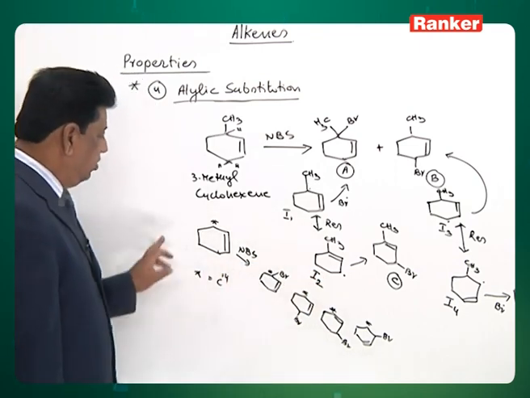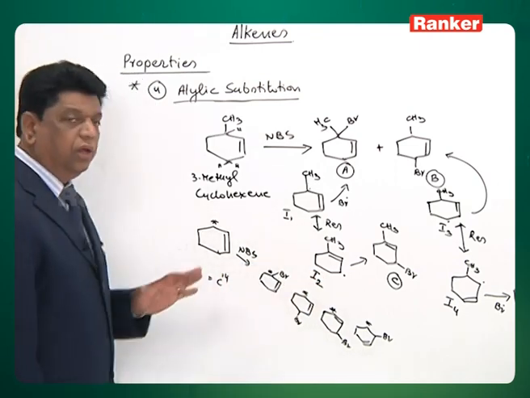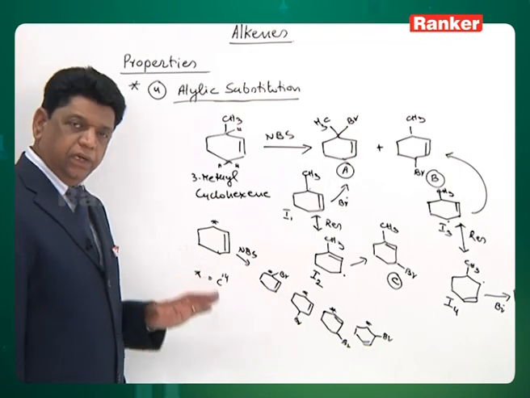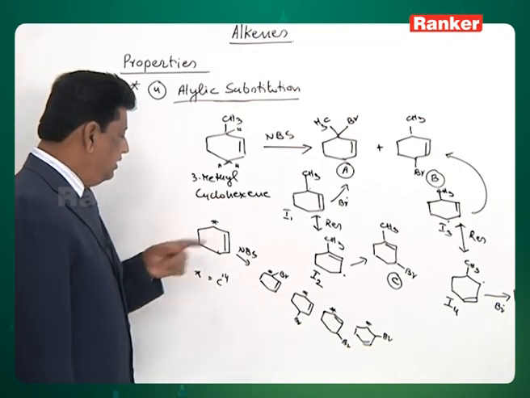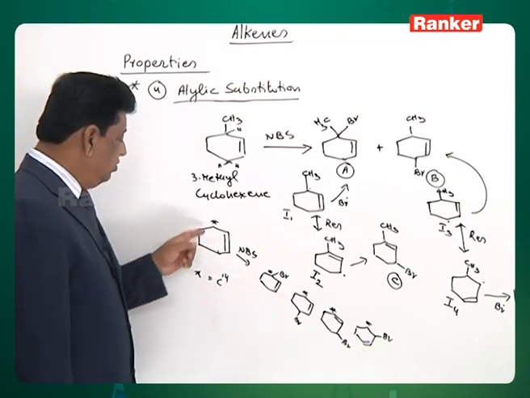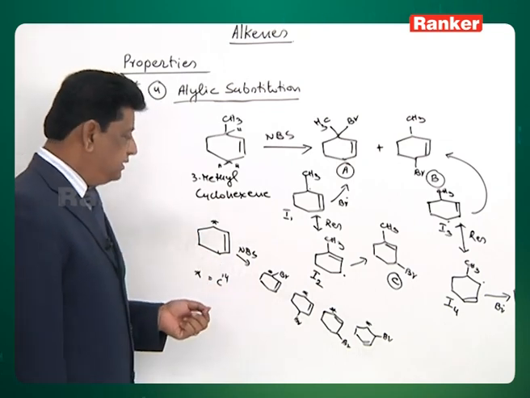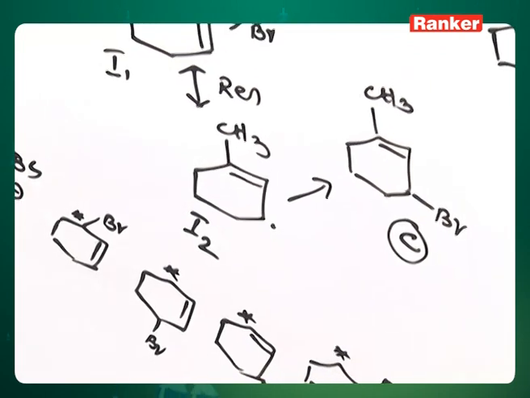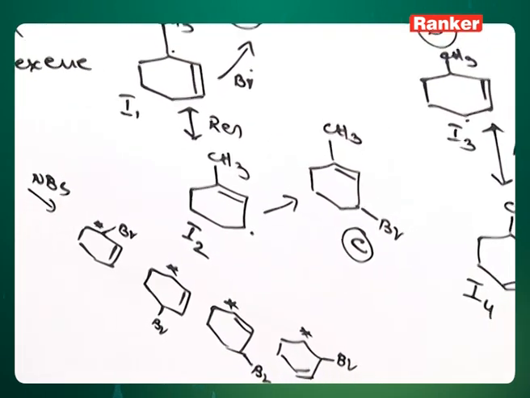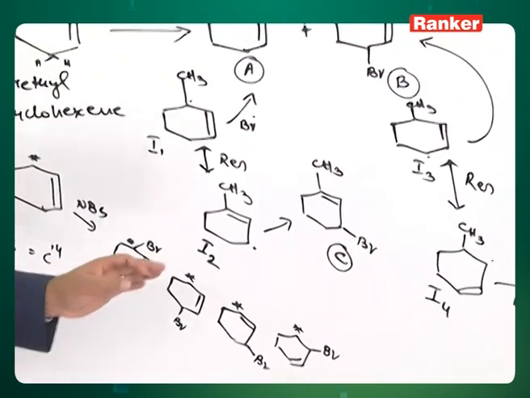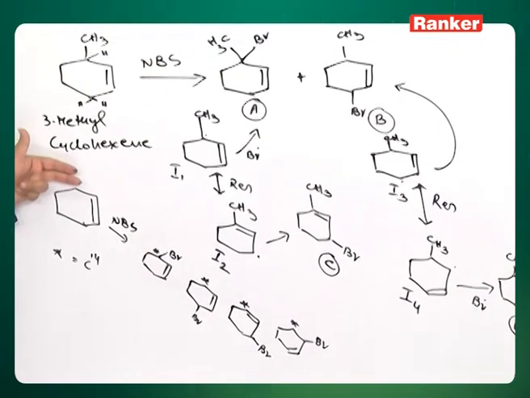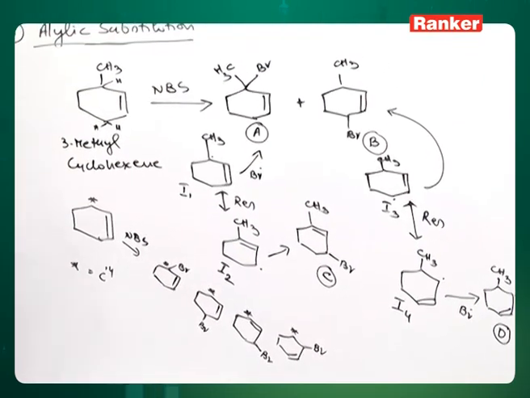So totally 4 answers are coming, all mono brominated only. If it is further treated, actually we can introduce 4 halogens, and you will get a much more complicated discussion, but under the mono substitution condition, 4 answers are coming. If this is not there, a single answer will come.